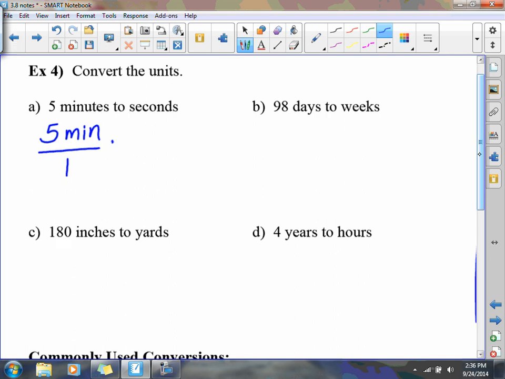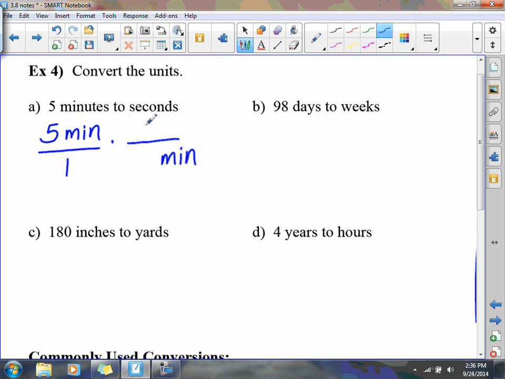Okay? Now, here's the trick for setting up a proper conversion with fractions. We need this unit of minutes to cancel. And if I set up another fraction over here, the only way I can get those minutes to cancel is if they're in the denominator in my second fraction, because when I want to cancel, it's from top to bottom.